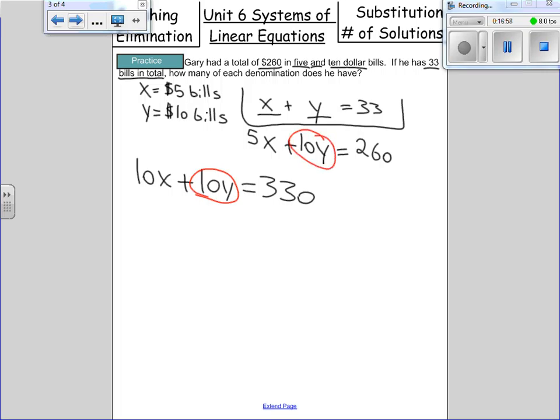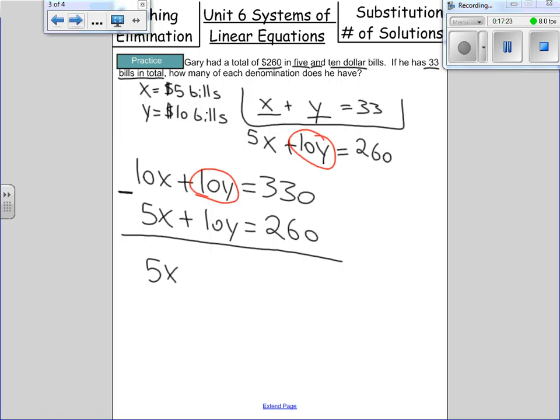Now what do we have to do in elimination, Aaron? We have to subtract. Yeah, so put the other equation below it and then subtract the two equations. 10x minus 5x is 5x. 10y minus 10y is nothing. 330 minus 260 is 70.